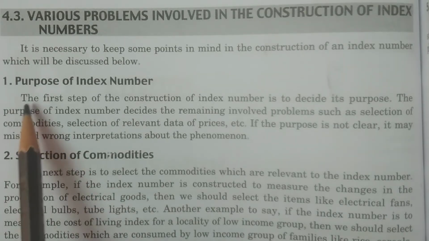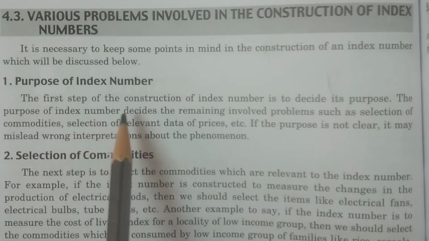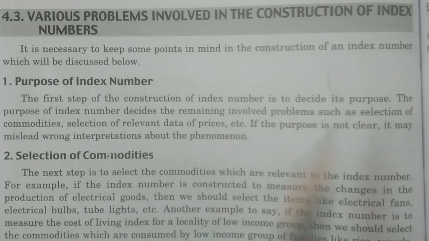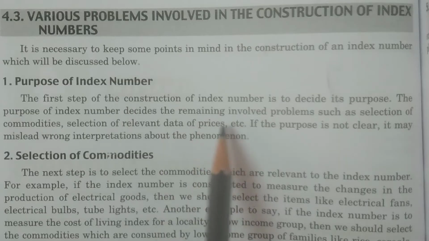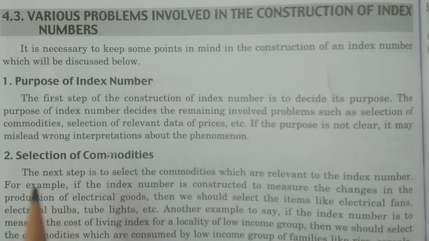You see here, the first one, purpose of an index number. The first step in the construction of index number is to decide its purpose. The purpose of index number decides the remaining problems such as selection of commodities, selection of relevant data of prices, etc. For example, I give you an example for this.